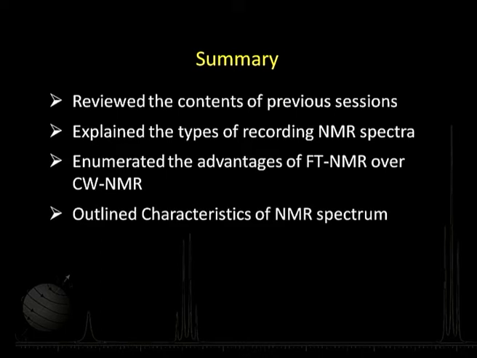Having done that, we outlined the characteristics of the NMR spectrum: the chemical shift, integration or the area under the curve, and also the nature of the spectrum. Then we started our discussion on chemical shift, and explained its meaning in terms of shielding and de-shielding of the electrons.